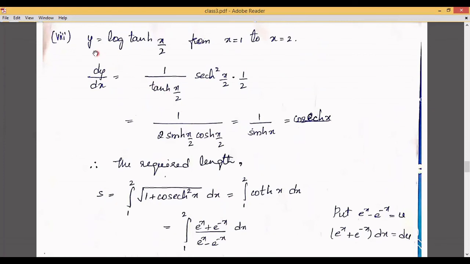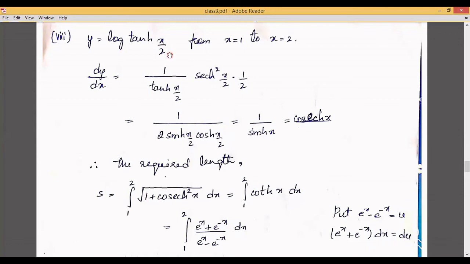Yeah, and this one, y is equal to log tan hyperbolic x by 2. And one more thing, guys, I'm telling you from the class 1. For you to solve these problems, first you should know how to differentiate the given equation. Later, you should know how to integrate.